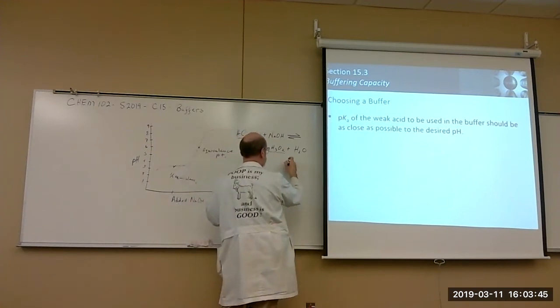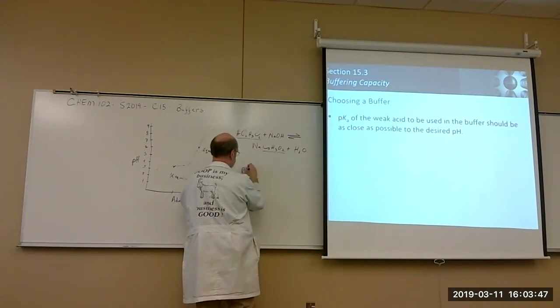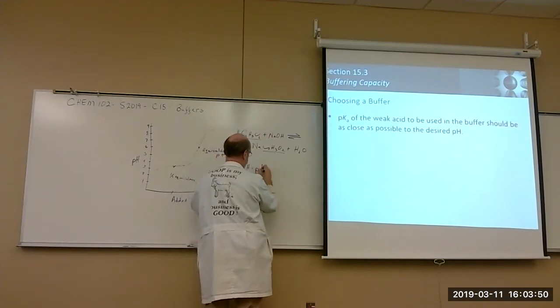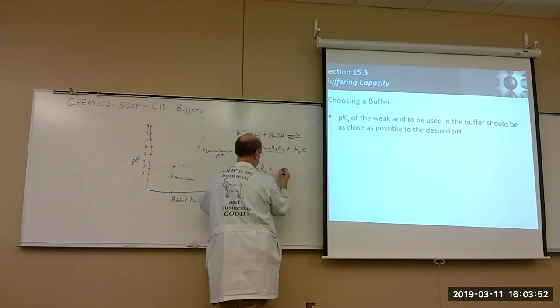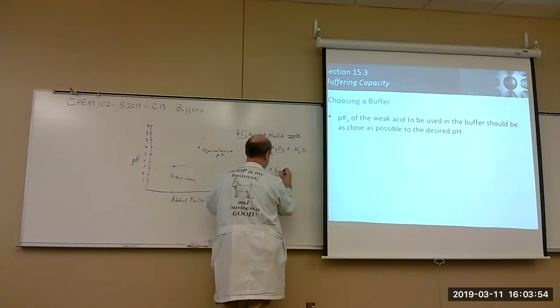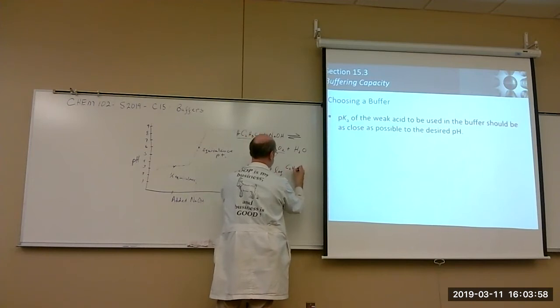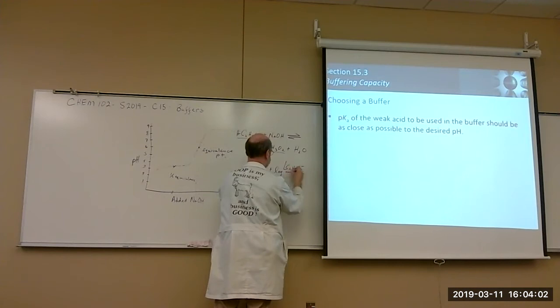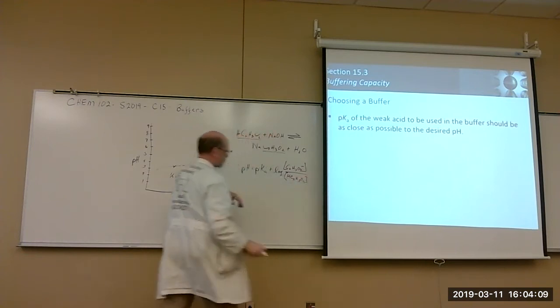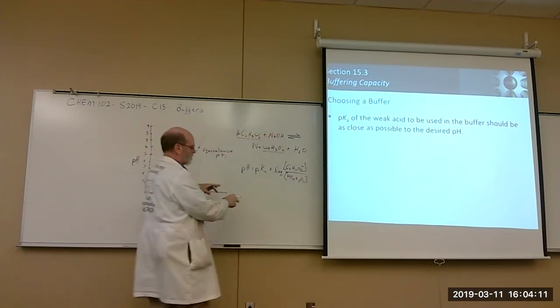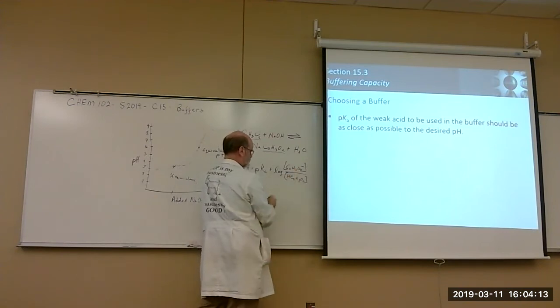So we look at the Henderson-Hasselbalch equation, and we have the log of the conjugate base concentration over the weak acid, right? So at that point, we have equal amounts here, right?